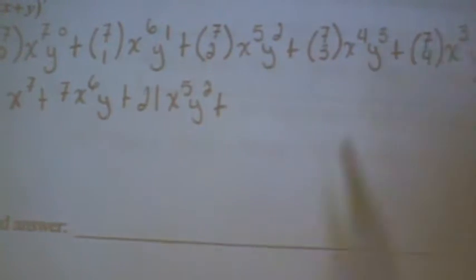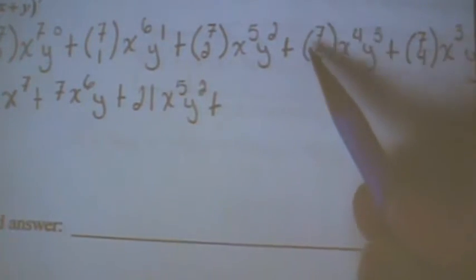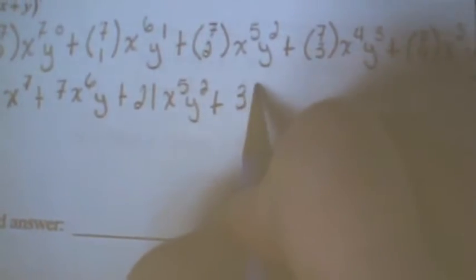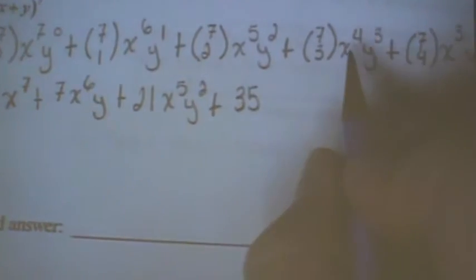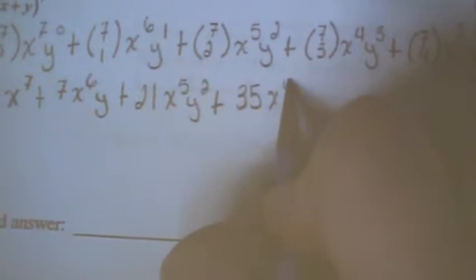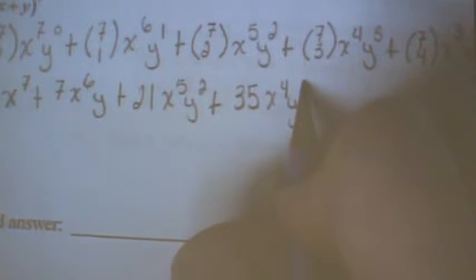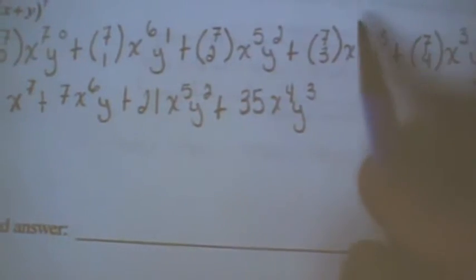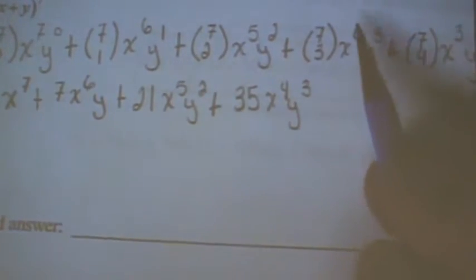And then your next term, you're going to find this coefficient using combinations. That gives you 35. And it's x to the 4th y cubed for this term.